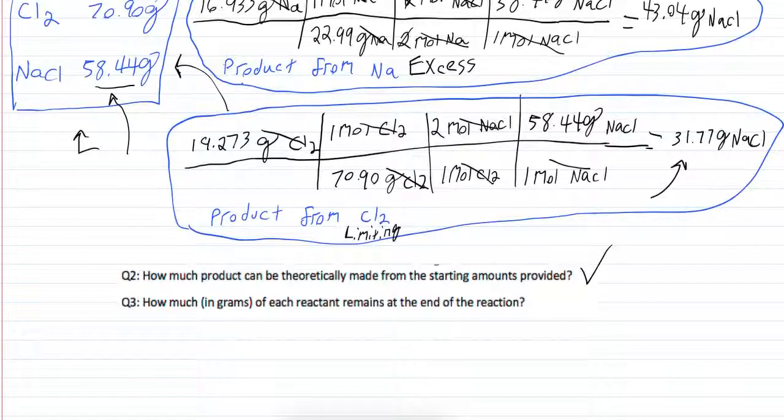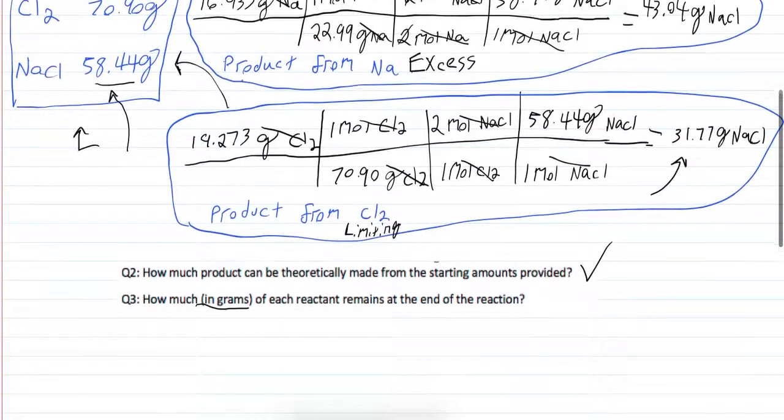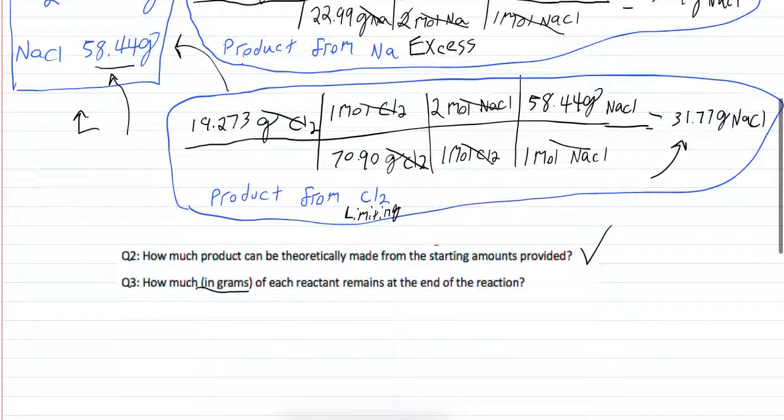Question 3. How much in grams of each reactant remains at the end of the reaction? So here we had two reactants. We had Na and Cl2. With Cl2, which is our limiting one, think of it this way.